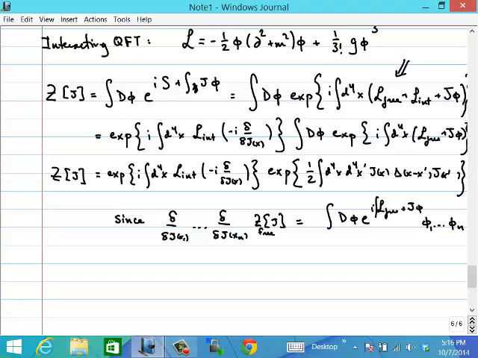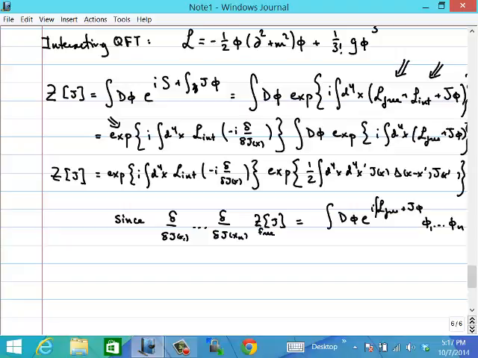Any questions on this? If this is not completely clear, I'd encourage you to take this exponential, expand out the first couple terms, and compare it to what you would get here. The point is that every time you take a derivative with respect to j, you pull down a factor of phi.